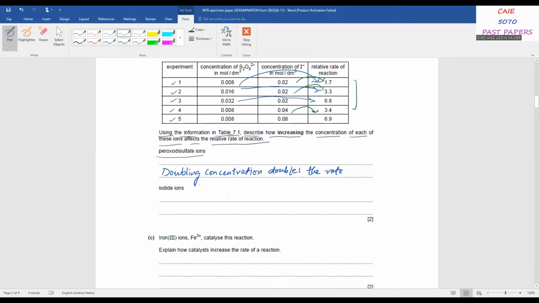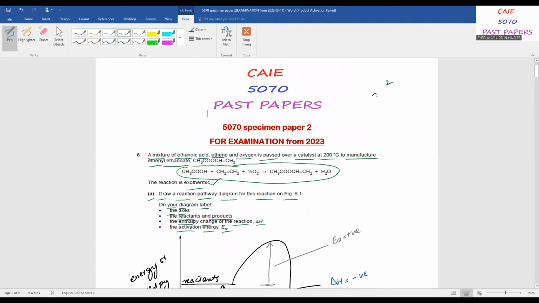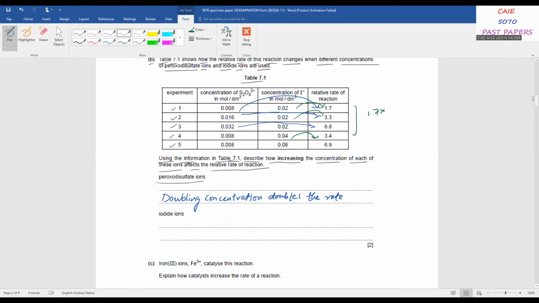The rate doubles, 1.7 to 3.4. 1.7 multiplied by 2 gives 3.4. Similarly, if you have 0.08 concentration of iodide ion, again the rate doubles. So 3.4 multiplied by 2 gives 6.8, and here it's 6.9. So the same: doubling the concentration doubles the rate.